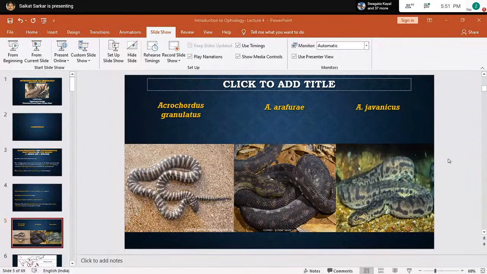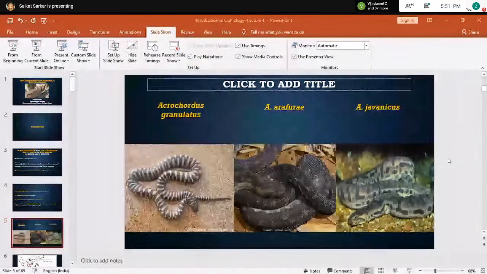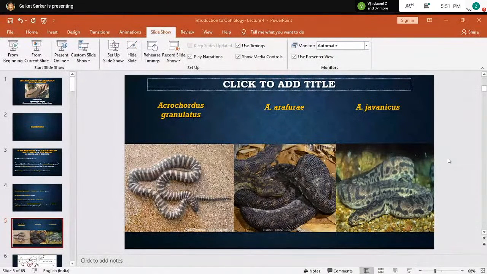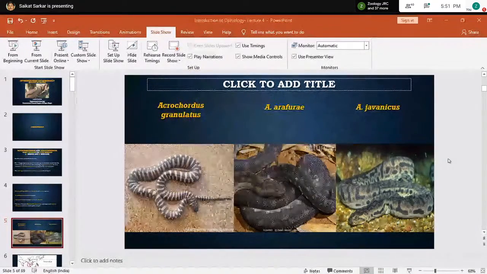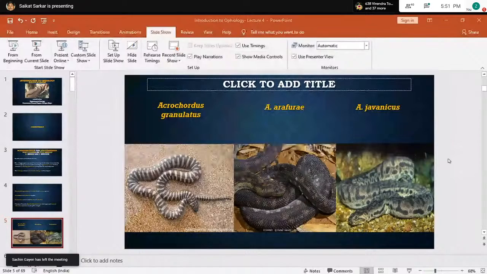Yes, in the case of coral snakes there are many studies. It is a global phenomenon actually. Tomorrow I will discuss this; I have a slide for this question.